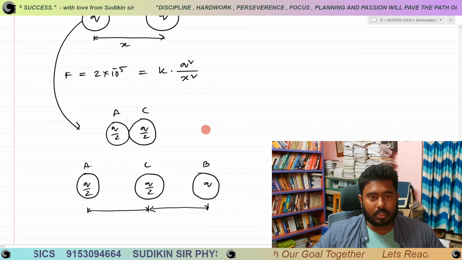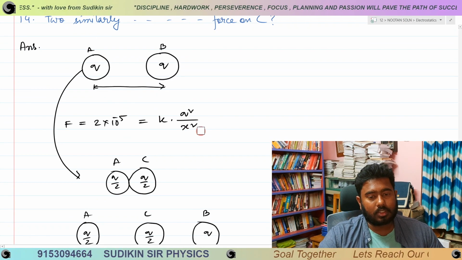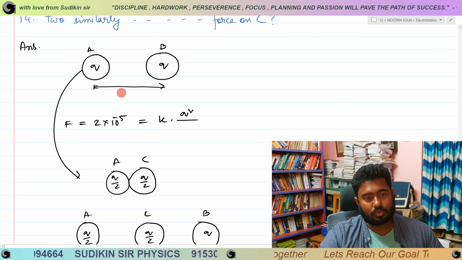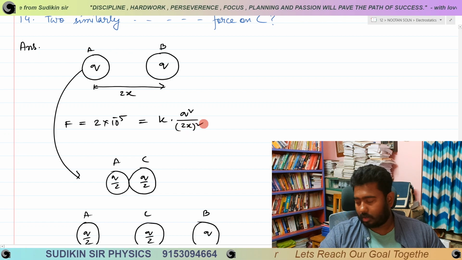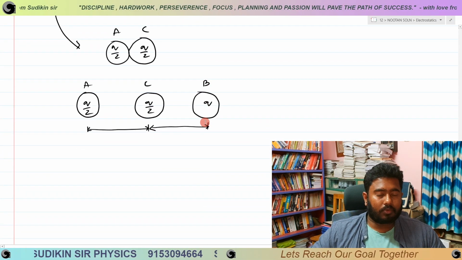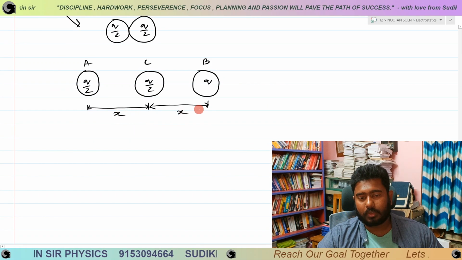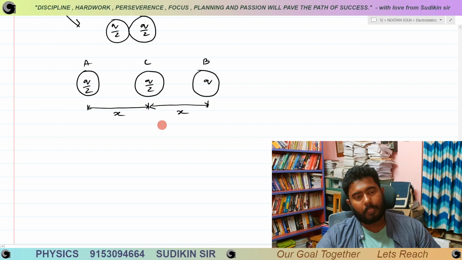In the previous case, let us write the distance as 2x so that it becomes easier to formulate. So this will be 2x, and now this will be x, this one will be x. The distance remains the same, but it is at the midpoint.